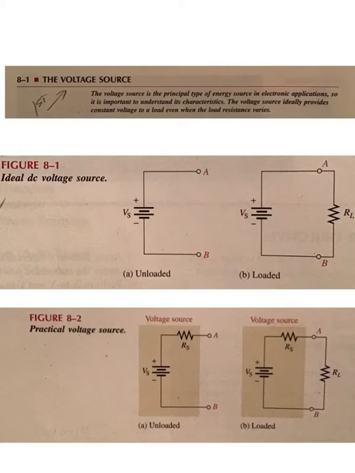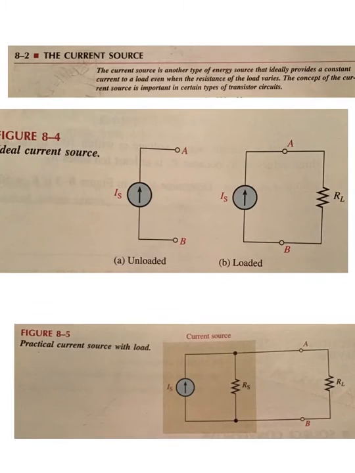Okay? That's like the 10 to 20 mega ohms of an ohm meter kind of a thing, except a very small resistance. When we get to current sources, as you might expect, it might be a different amount of resistance coming out of a current source.